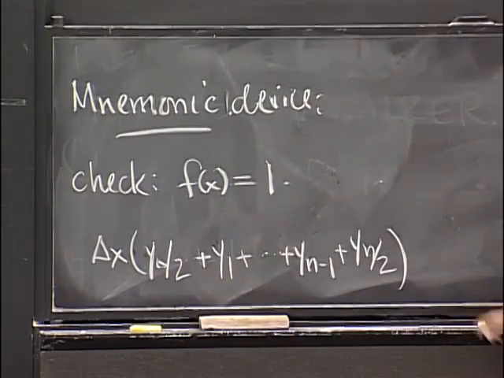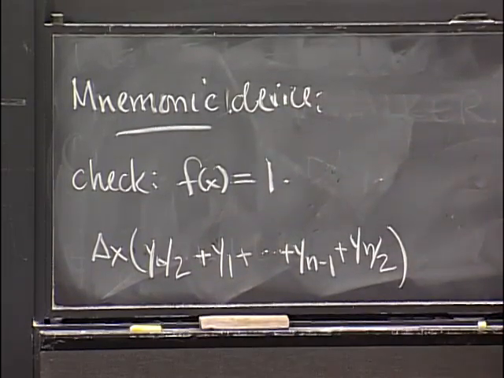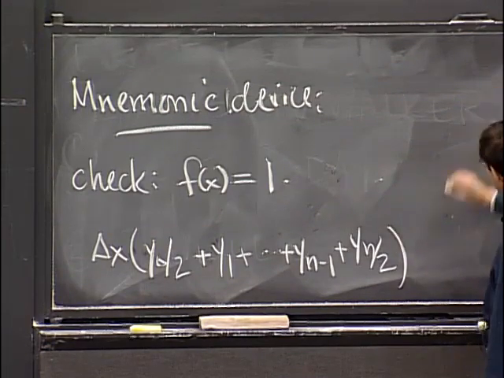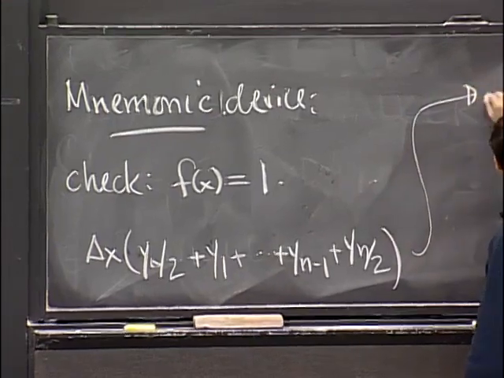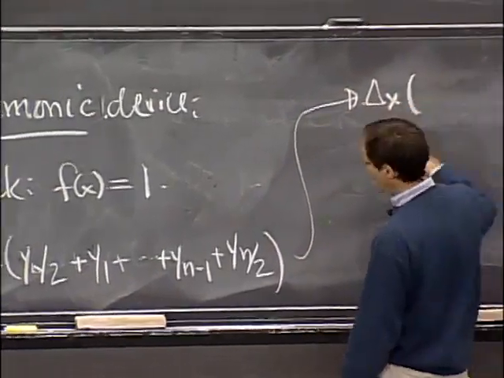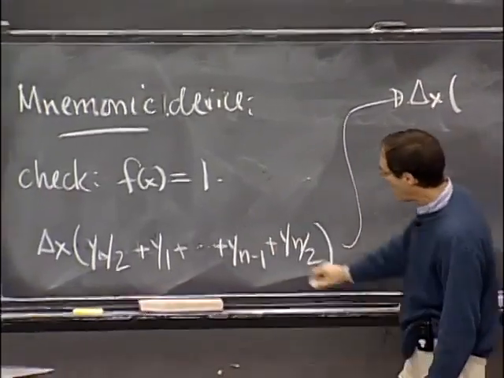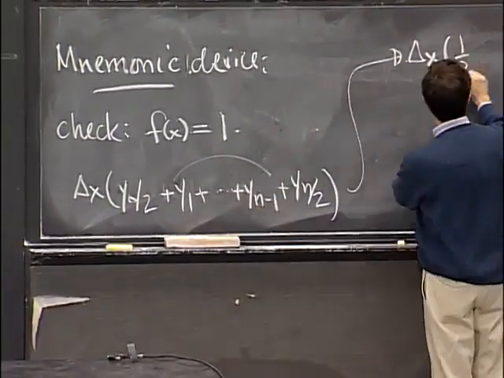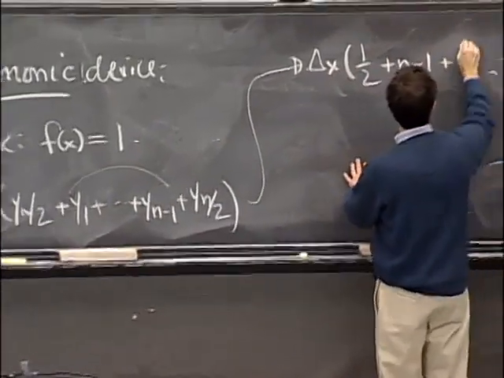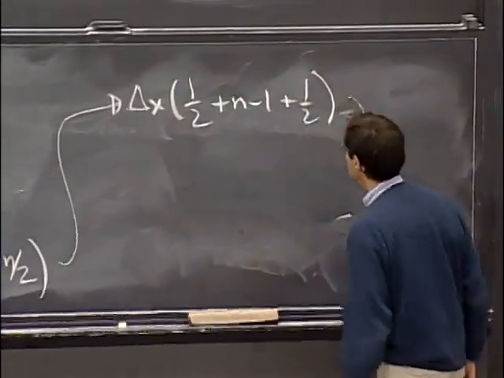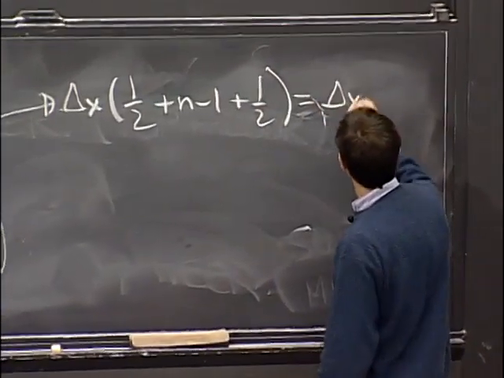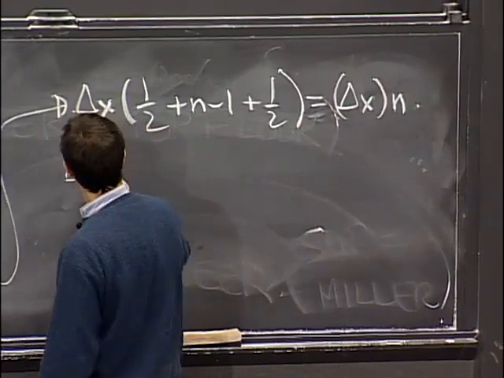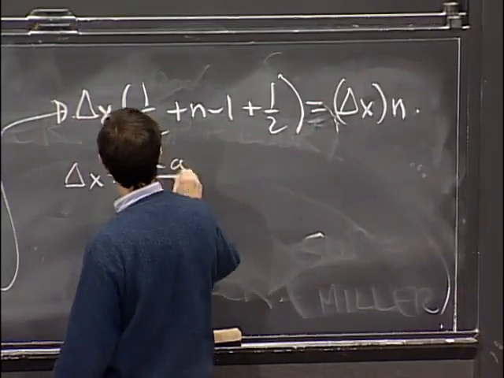All right, if you check that formula out here, this is the trapezoidal rule. If you check it out for this case, then what you get is delta x times what? Well, all of these are 1s. And how many are there in the middle? There are n minus 1 of them in the middle. So it's a half plus n minus 1 plus a half at the tail end. So all told, it's delta x times n. And I remind you that delta x is equal to b minus a over n.